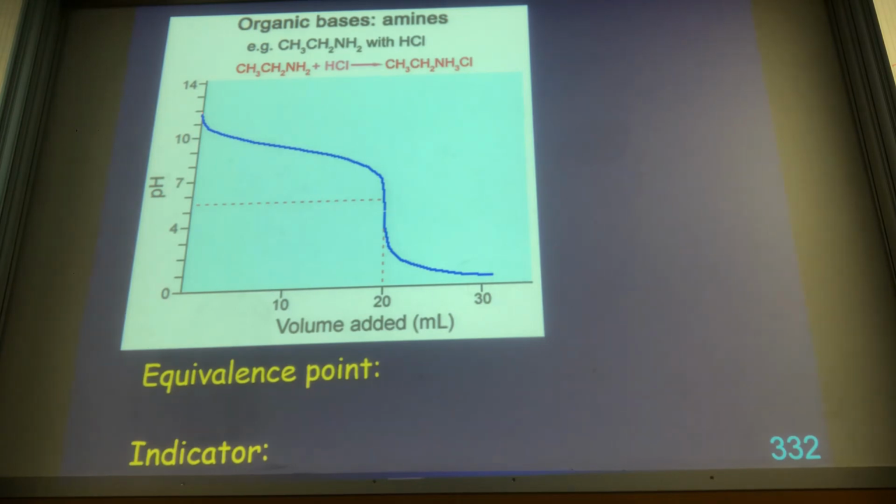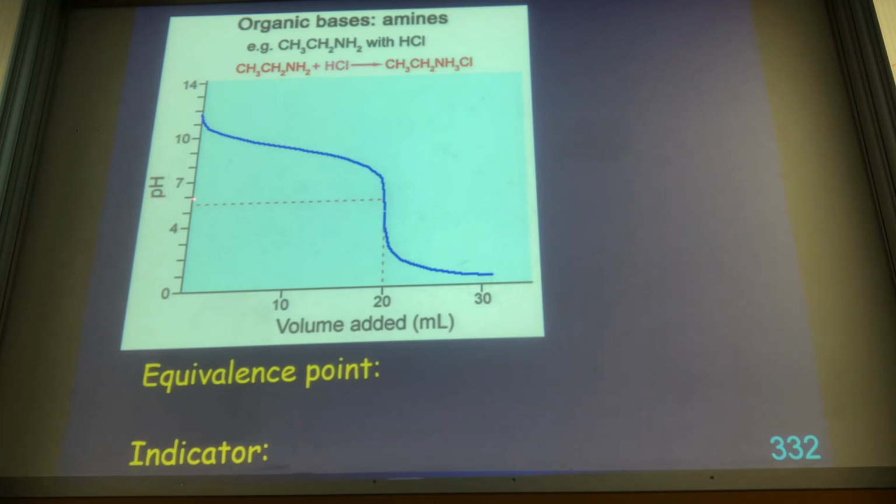right throughout the titration. Now, as the ethanamine reacts, it forms the ion, CH3CH2NH3+, and that's a weak acid in itself. So as it gets produced, it drops the pH of the solution down a little bit.